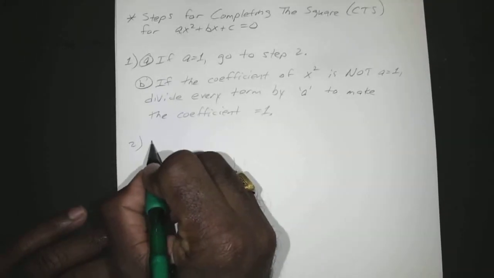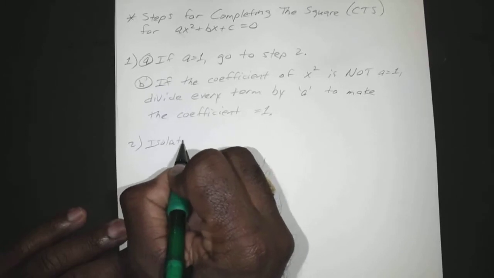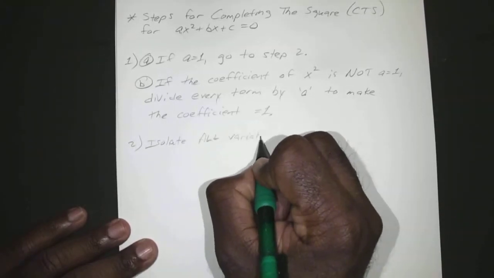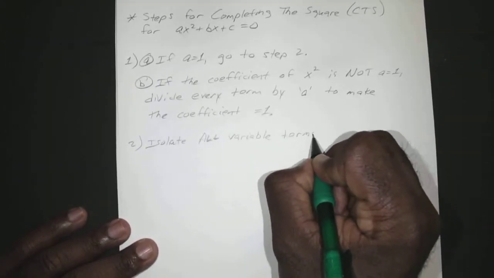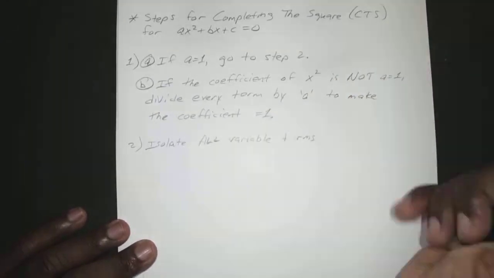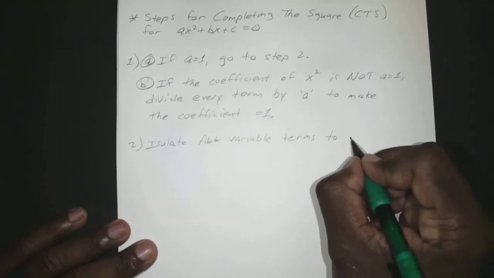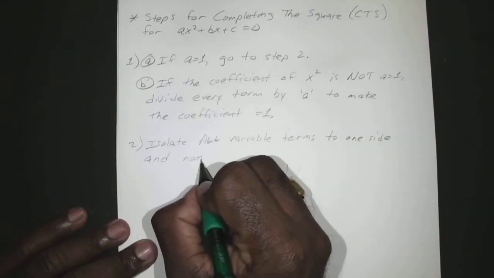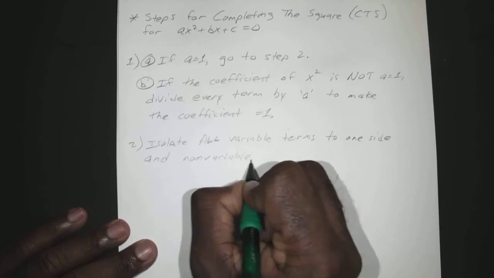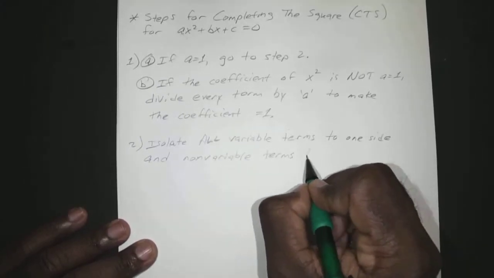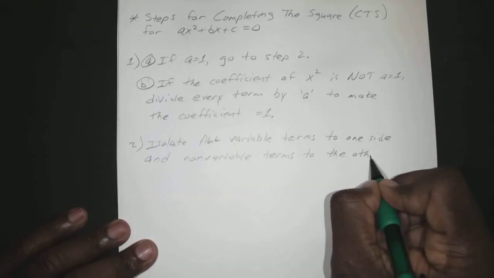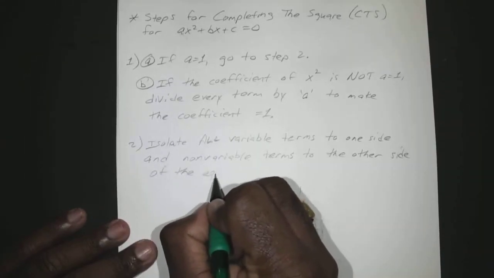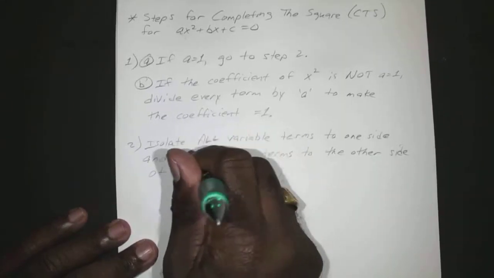Okay, so step 2, you want to isolate all variable terms to one side and non-variable terms to the other side of the equal sign.